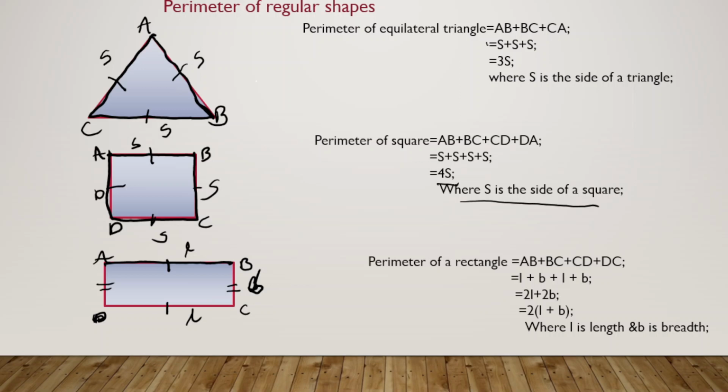Here the distance AB is L, BC is B, CD is L and DA is B. So L plus B plus L plus B is 2L plus 2B, and taking 2 as common, 2 into (L plus B), where L is the length and B is the breadth. So the perimeter of a rectangle is 2(L plus B).